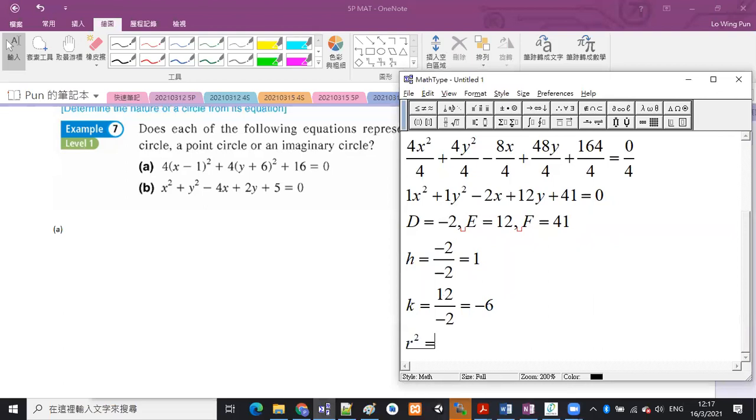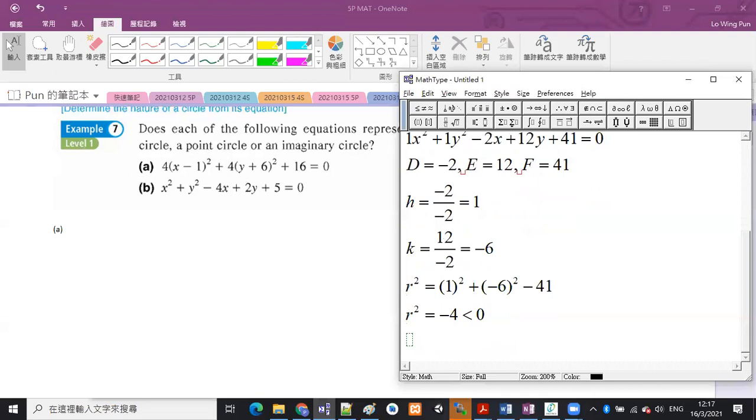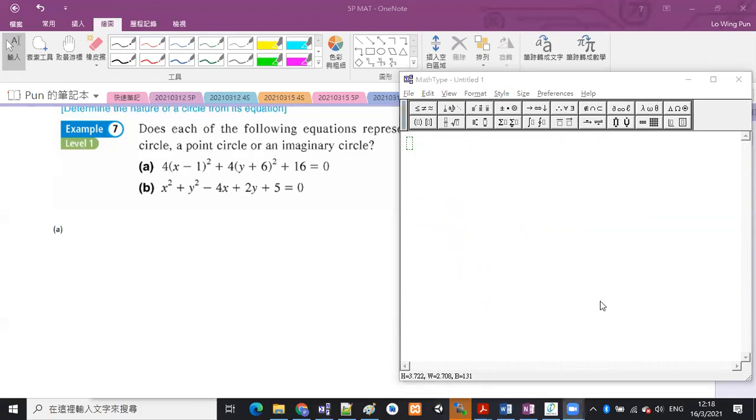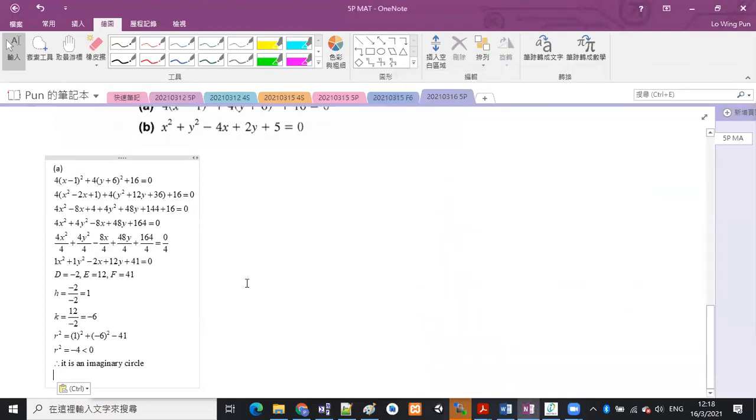R squared is equal to h squared plus k squared minus f. Okay, so r squared is equal to -4. But -4 is less than 0. Okay, therefore we can say that it is an imaginary circle. Okay, so part A, the answer of part A will be imaginary circle.